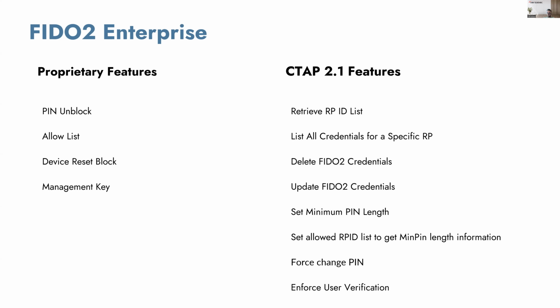So you want to ensure that FIDO2 credentials are protected by enforcing and requiring a PIN or fingerprint, where the device supports it, for user verification. So those are the standard 2.1 features we implemented in our latest release.